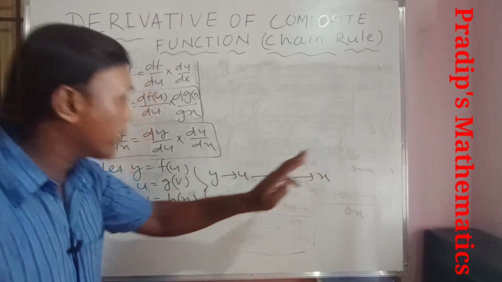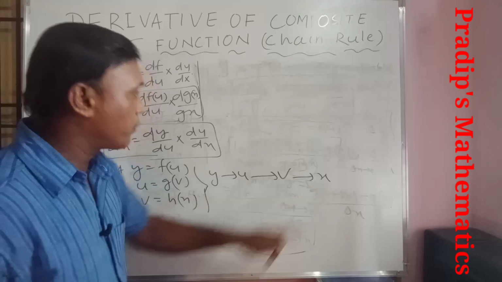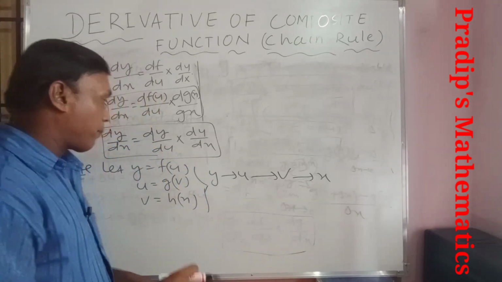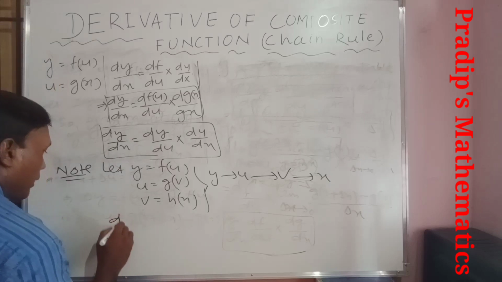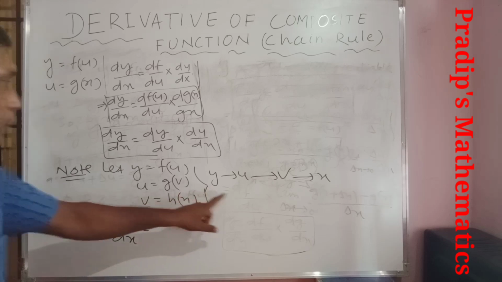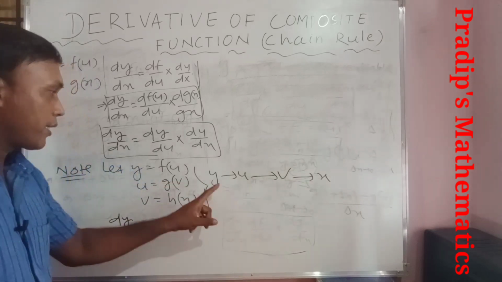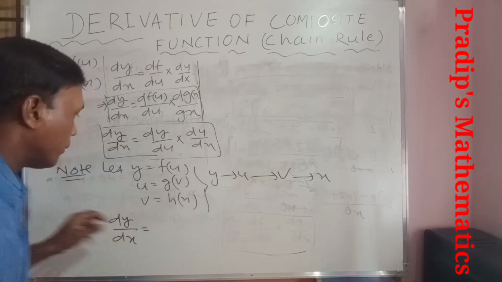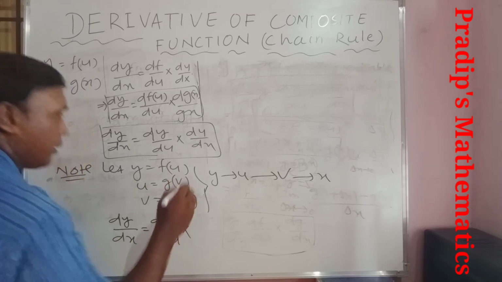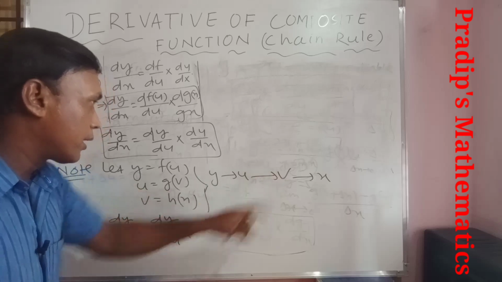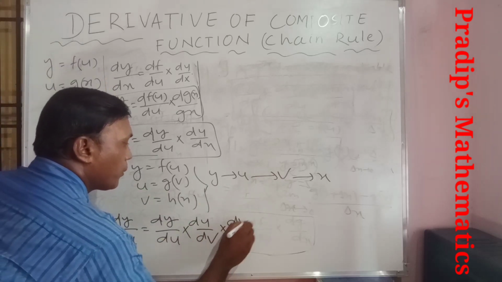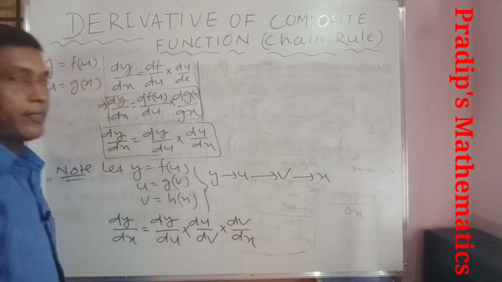If we want to differentiate y with respect to x, we have to apply chain rule. Here chain rule can be applied as dy by dx is equal to, first differentiate y with respect to u, that means dy by du, then differentiate u with respect to v, du by dv, into dv by dx.